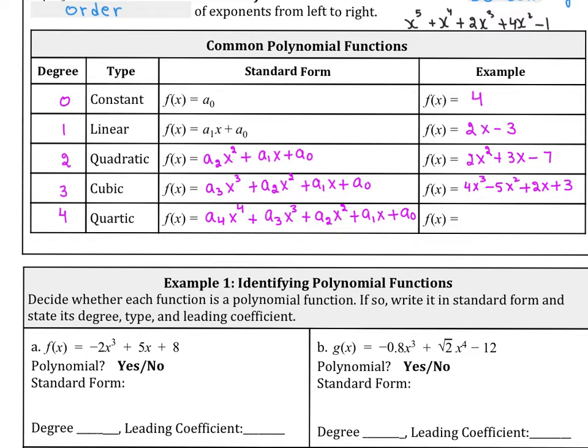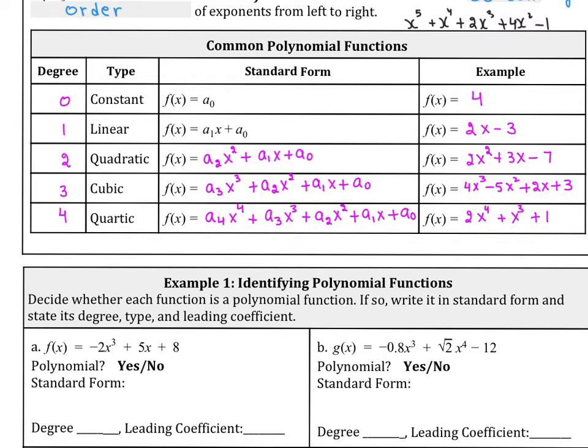And the last one we have is a degree 4 polynomial, and it's called quartic. The highest exponent on this one is going to be 4, so that's why it's degree 4. An example of this type could be 2x to the 4 plus x cubed plus or minus 1.